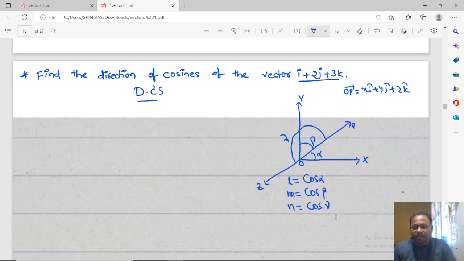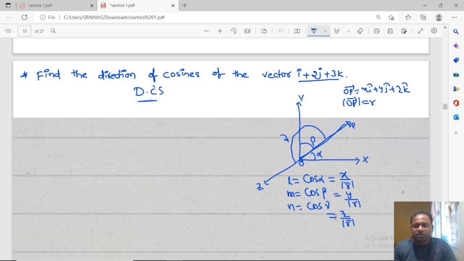Okay, here suppose I take the length mod OP bar is equal to R, then cos alpha will be x by R, cos beta will be y by R, and cos gamma will be z by R. Okay?